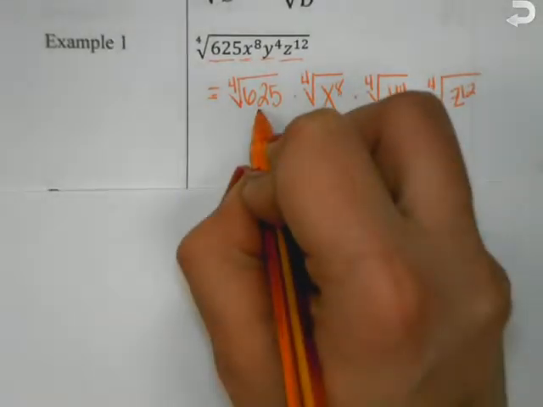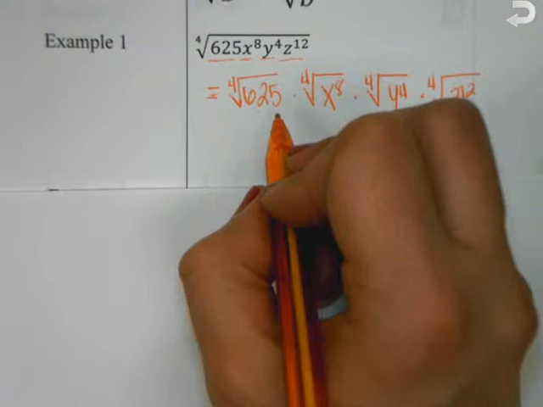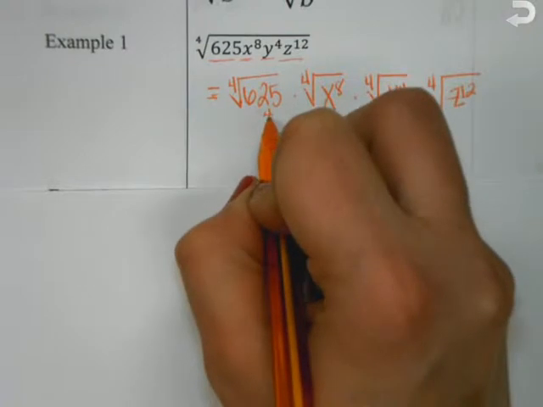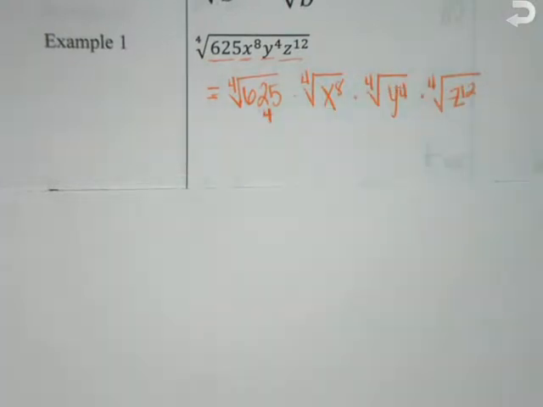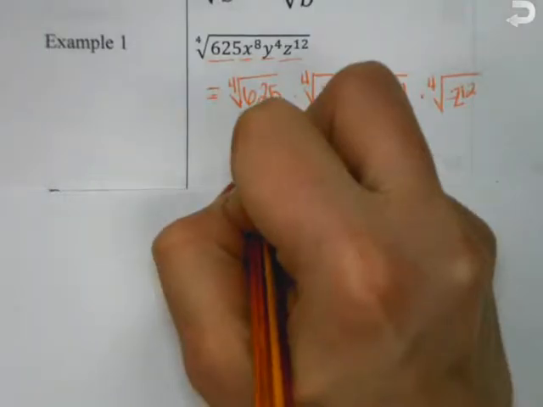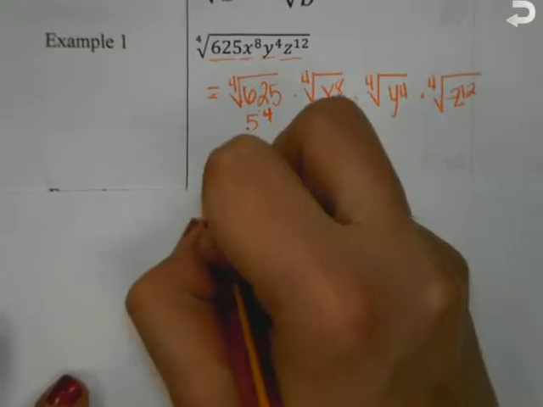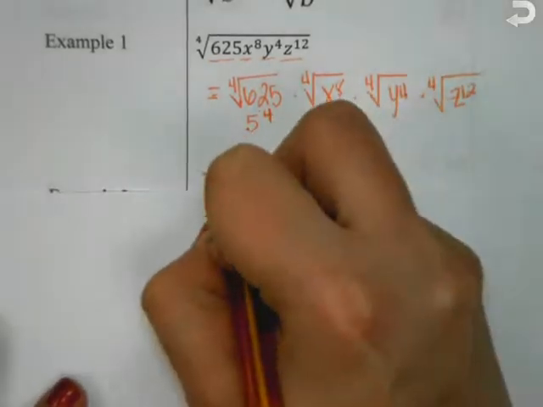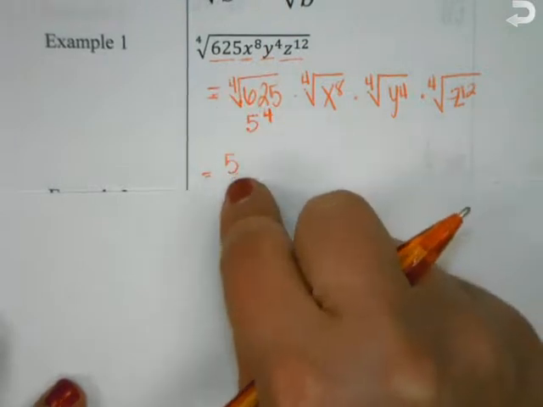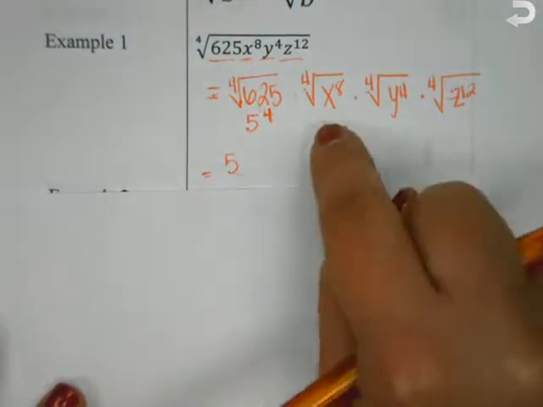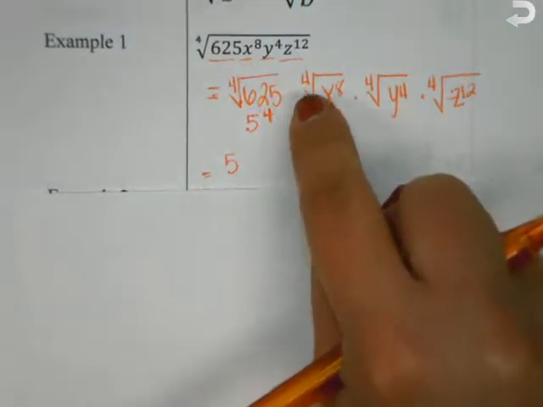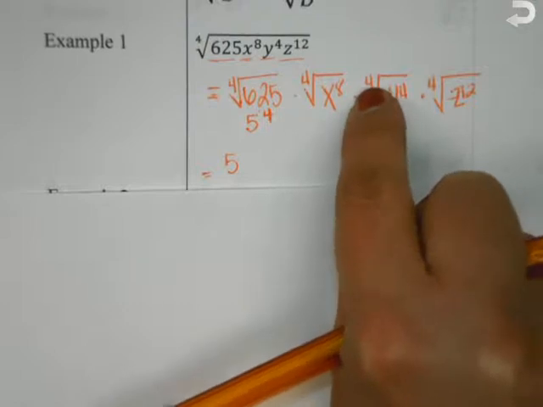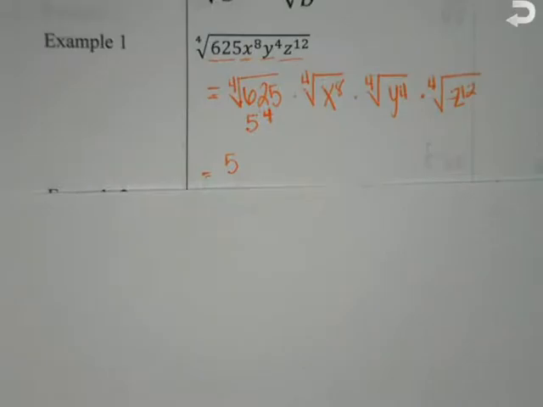625, that's the same as saying what to the fourth power? What times itself 4 times is going to give me 625? 5. That's the same as saying 5 to the fourth power, right? So what would the answer be? The fourth root of 625 is 5. Now let's look at this one. The fourth root of x to the 8th. So I'm thinking, what times itself 4 times is going to give me x to the 8th?